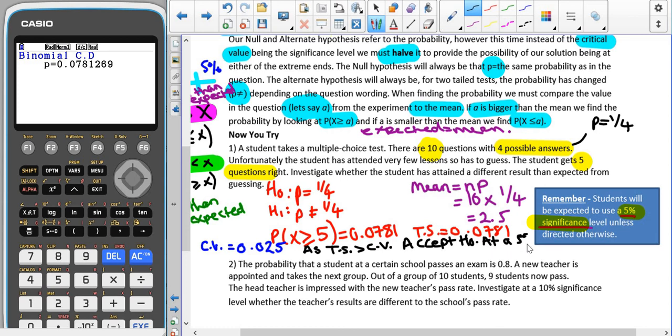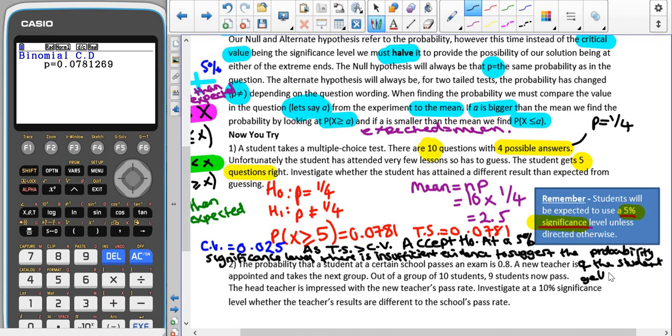So then at a 5% significance level, there is insufficient evidence to suggest the probability of the student getting an answer correct is not a quarter.